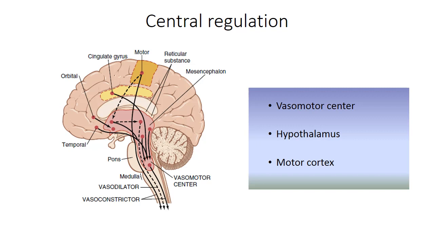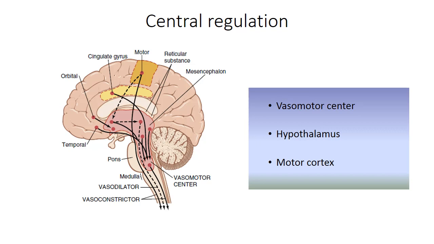Also, the other important part is the reticular substance. As you can see in this part, the reticular substance can activate or inhibit the vasomotor center. The lateral part of the reticular substance can activate the vasomotor center, and the medial part can inhibit it.